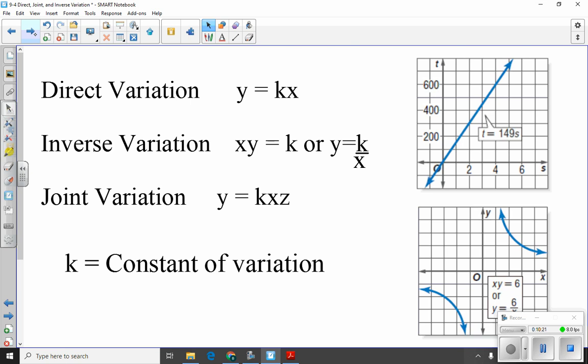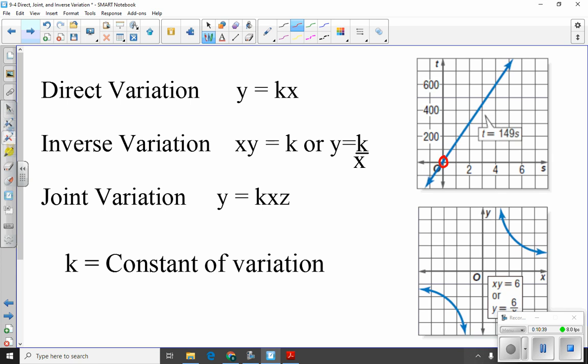K is that constant. And if you wanted to graph these things, direct variation is linear, and because there's no add or subtract in it, your linear line always goes through the origin.